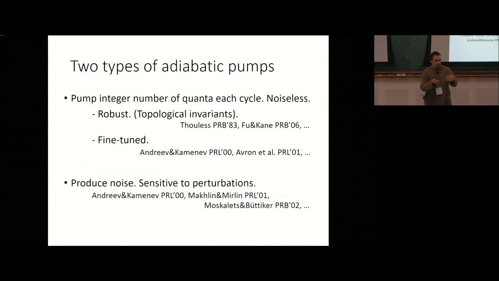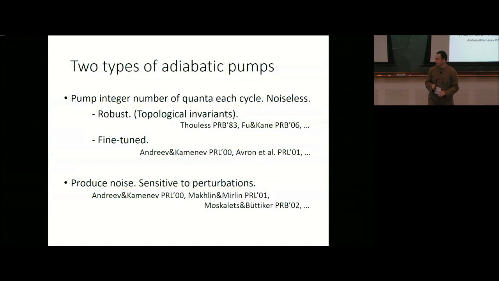So I can divide adiabatic pumps into 2 groups, or into 3 groups even, but 2 large groups. One group is the pumps that are noiseless. And this can be robust, insensitive to small perturbations of some class, like the Thouless pump, or these can be fine-tuned. I fine-tuned the reflection amplitude to be 1.